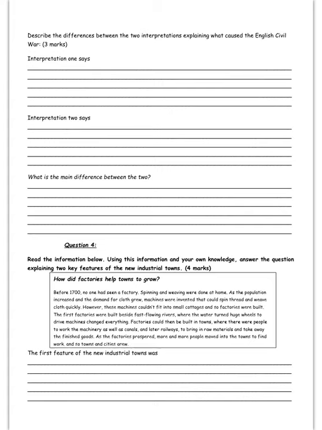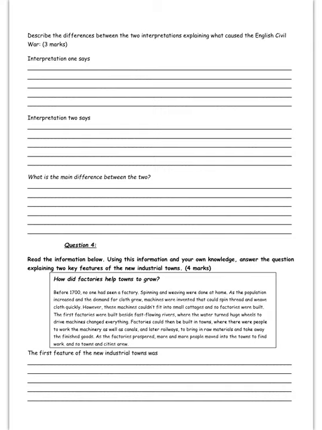Interpretation 1 says blank about the causes of the English Civil War. Interpretation 2 says blank about the causes of the English Civil War. What is the main difference between the 2? The main difference is. Tell me what the difference is and back it up with a quote from both sources.